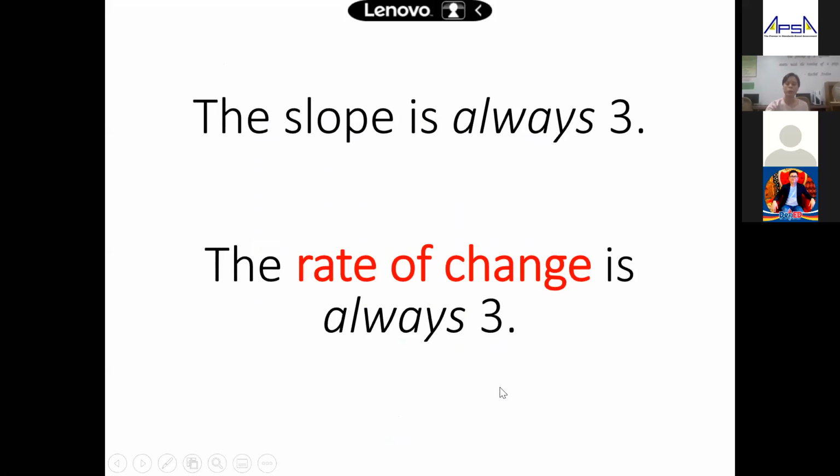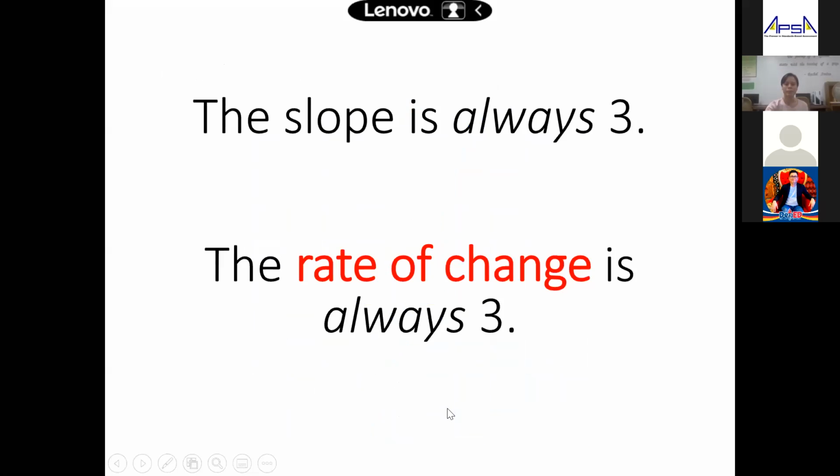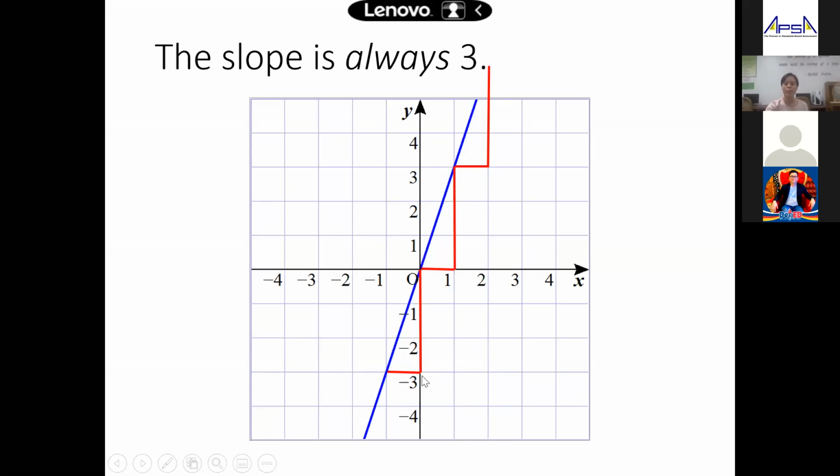And in using the words of calculus, the rate of change or the rate at which the graph changes is always 3. Ano meaning ng always 3? Bakit always 3? Balikan natin. Kasi laging 1:3 yung ratio ng run to rise. So it's always 1:3. Okay. Therefore, this is what we will call an algebra problem. Simply getting the slope. Okay.